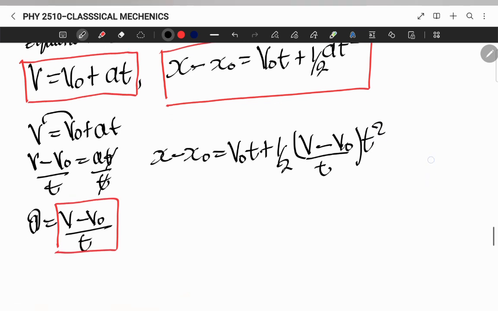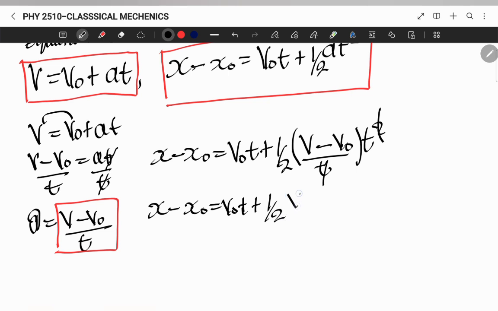Perhaps you can do away with these, since you have time squared here. This t squared goes with that. So if we rewrite this properly, we are going to have v naught times time plus half, v minus v naught and time.